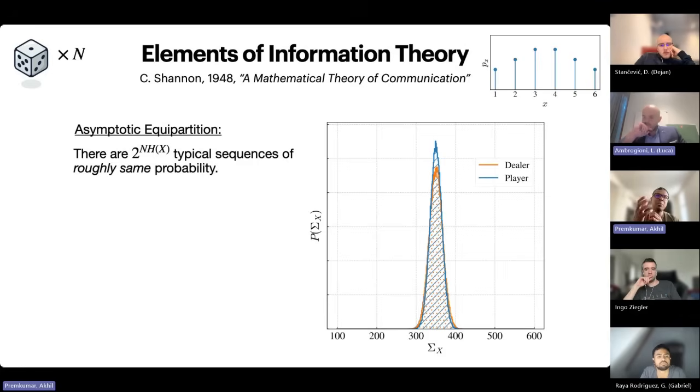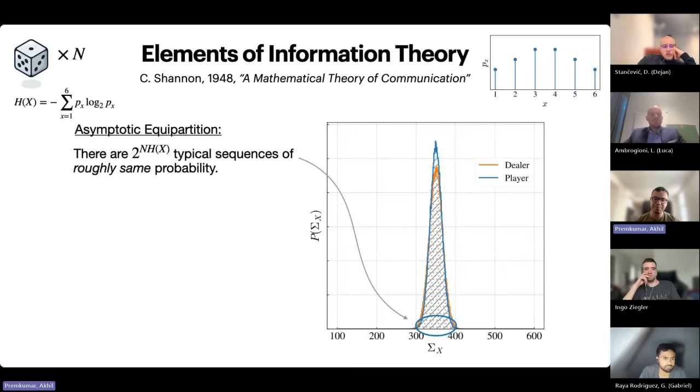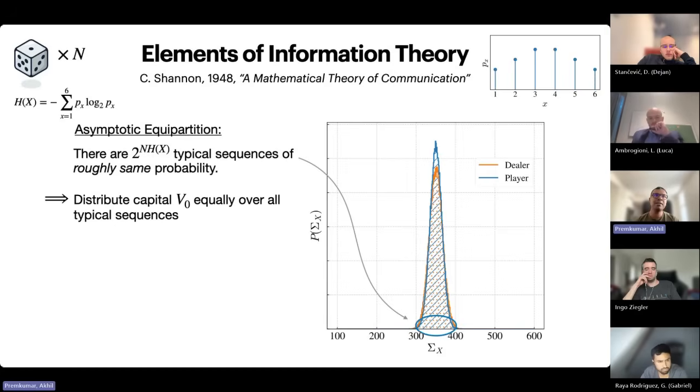And there are 2 to the power n h_x of these typical sequences, that's the cardinality of the typical set, where h_x is the Shannon entropy. Now, the strategy here is you take your initial capital, let's say $1,000, and you distribute it evenly over all the typical sequences.